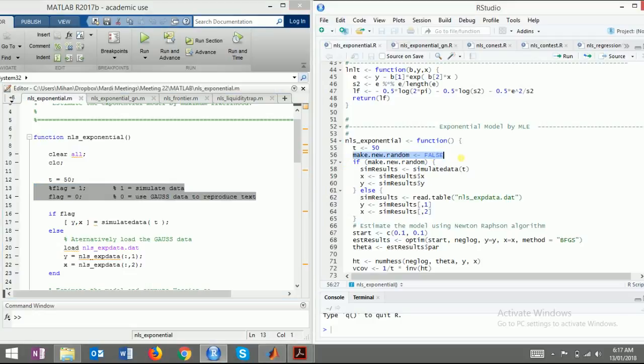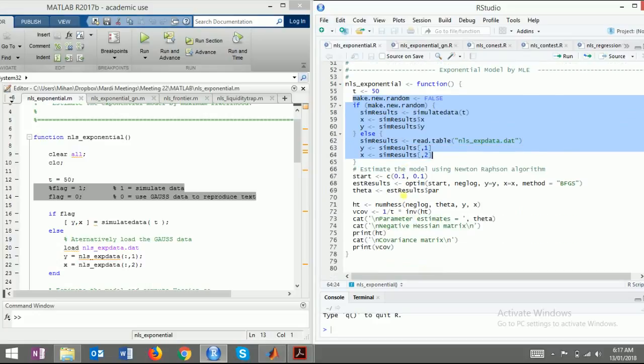Make new random, make it false. If make new random is true, then simulate data. X is from the simulation results, X will go to X, Y will go to Y. The simulation result will only take the table that is produced where Y is the first column and X is the second column. We'll always simulate data if necessary. Okay, this is good to give some option to the user. Flag 1 or flag 0.